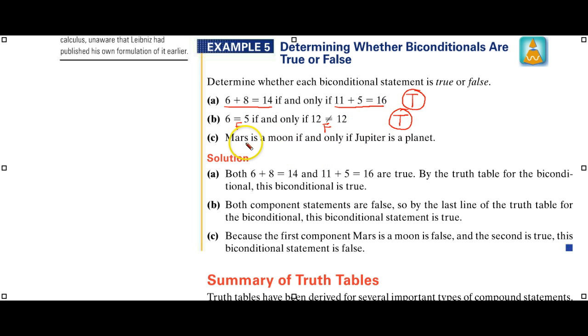All right, in letter C, Mars is a moon. Well, that is false. Jupiter is a planet. That is true. But in our truth table, if one is false and one is true, then this is false. And the explanation is here as well.